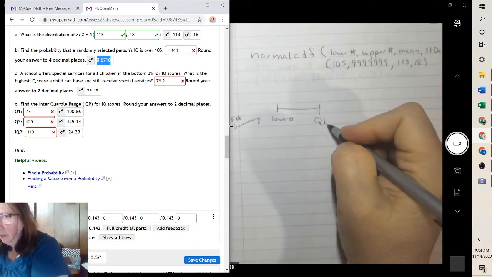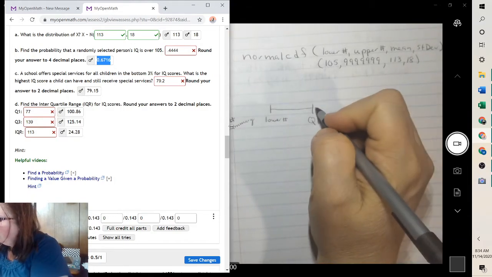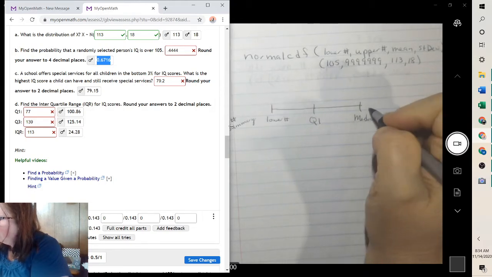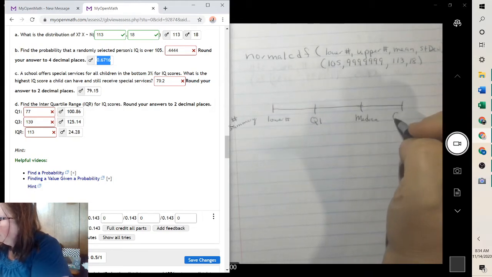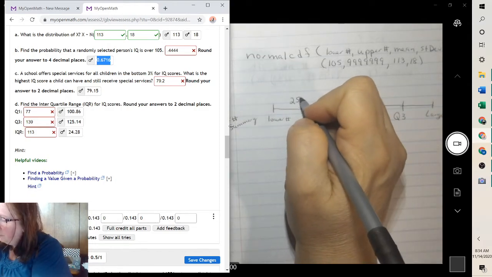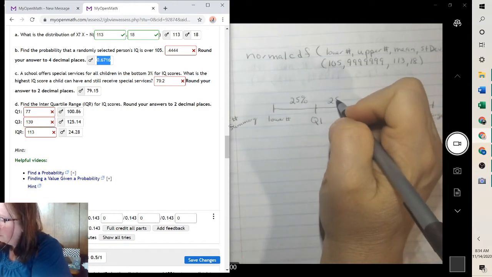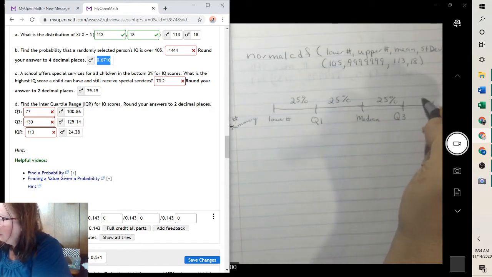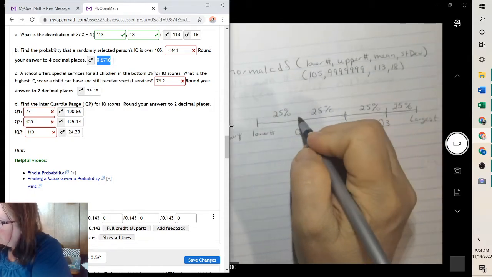Some go QL and QU, and then your median, and then the upper number, and then the largest. And each of these has 25% of the data between them. It breaks it into quarters. This is your box plot.